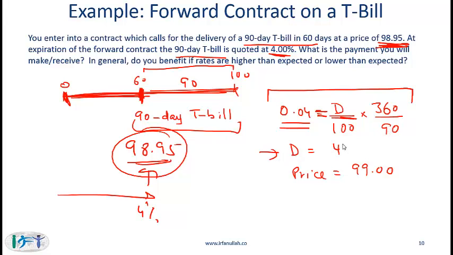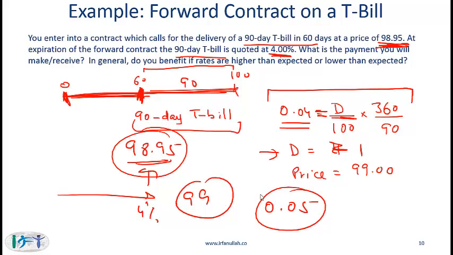When you do the calculation, the discount will be 1. So the discount is 1, which means that the price is face value minus 1, which is 99. So you are buying an instrument for 98.95 and the actual market price over here given the market rate is 99. So on $100 par, you are benefiting by 5 cents.